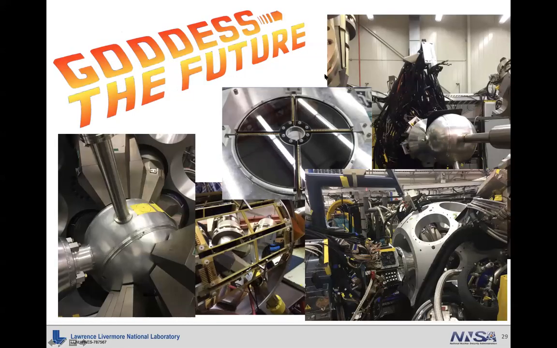We developed GODDESS. GODDESS is an array. It stands for Gammasphere ORRUBA Dual Detectors for Experimental Structure Studies. The future is not part of this acronym, but I really like this Back to the Future logo, so I'm going to continue to use it. So down here, you can see a picture of ORRUBA. ORRUBA is an array of silicon strip detectors.